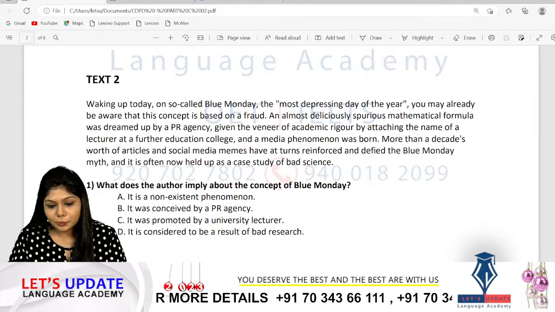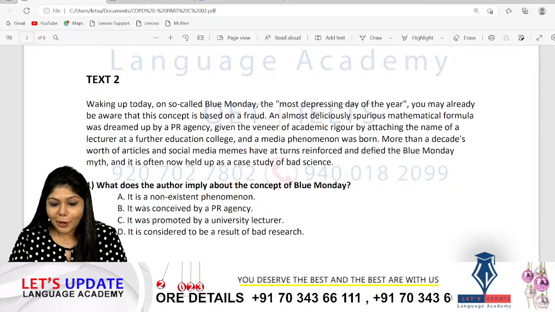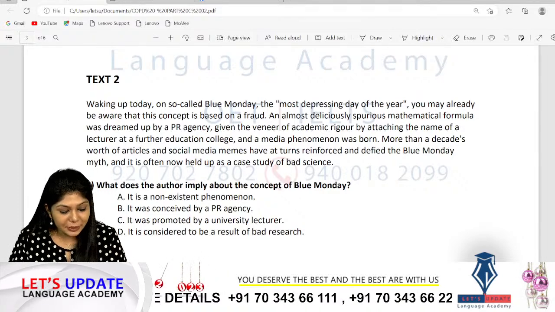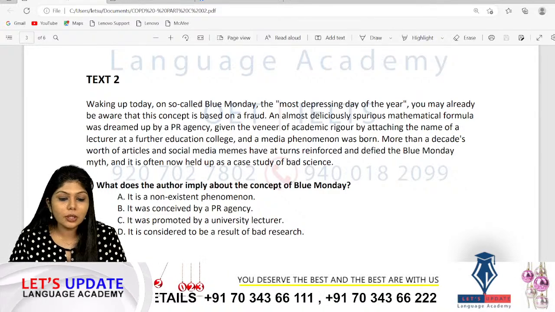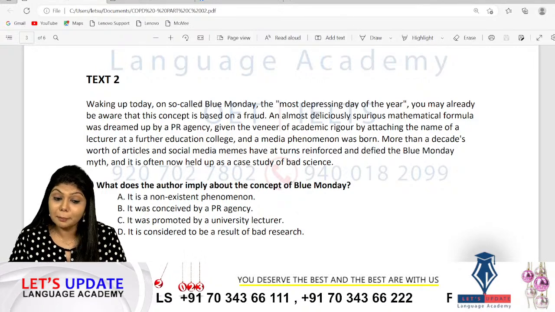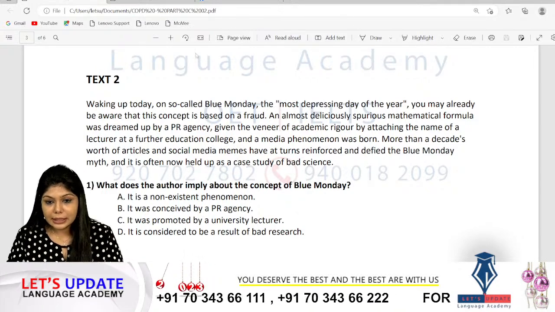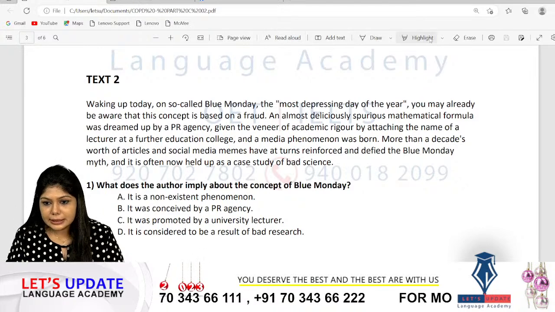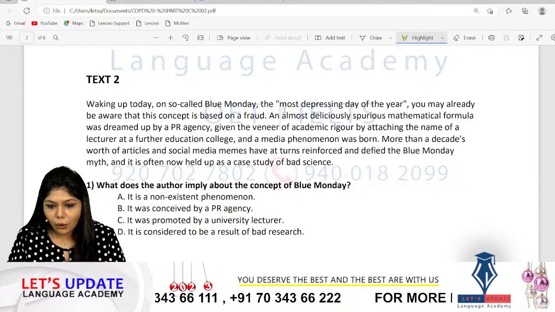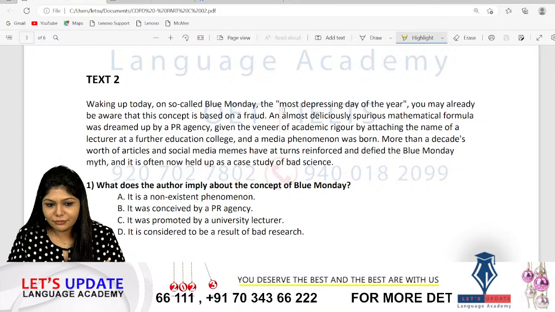Okay, so let me tell you the answer now. So the answer is indeed B. Congrats to those of you who have replied B as the answer, because let's highlight the sentence. An almost deliciously spurious mathematical formula.